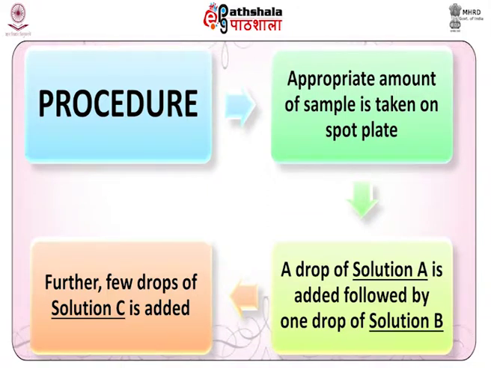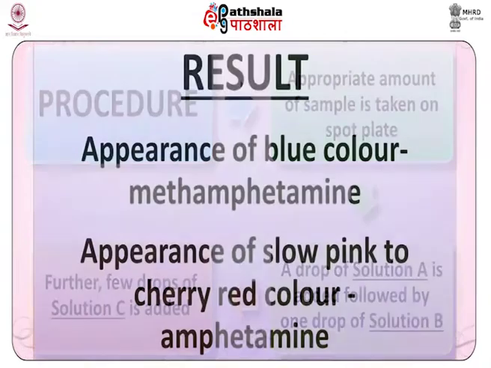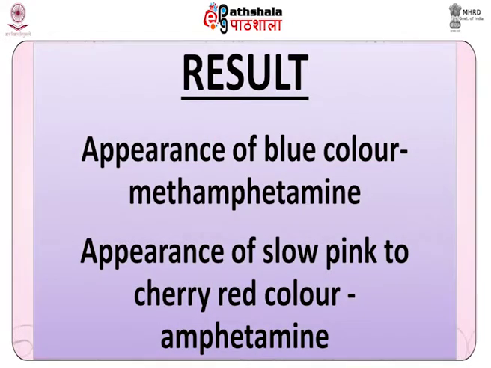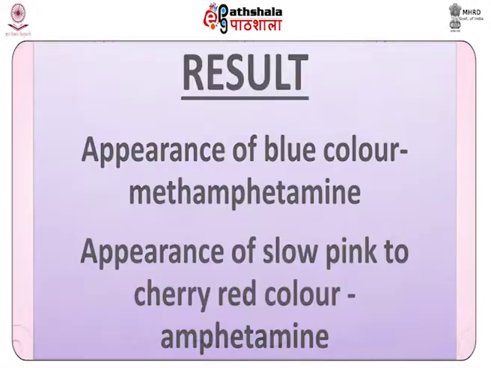A drop of solution A is added, followed by 1 drop of solution B. Further, a few drops of solution C are added. Result: appearance of blue color indicates the positive test for the presence of methamphetamine, while appearance of slow pink to cherry red color indicates the presence of amphetamine.